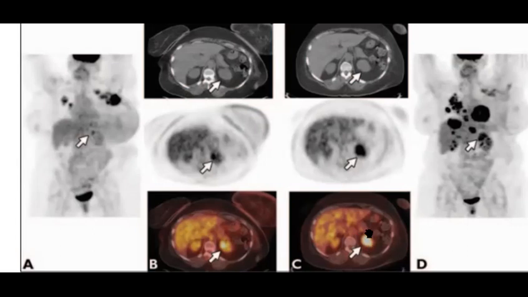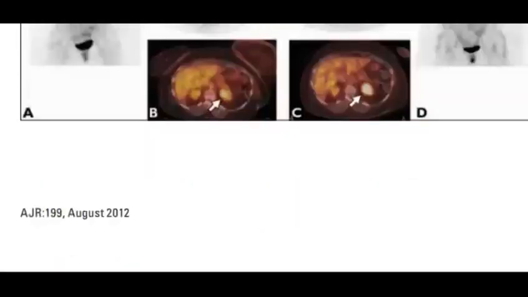So it can involve the kidney, as you see, the liver, mediastinum, and lung. So this is a progressive disease. The primary will be breast cancer. Okay? And it is a progressive case.